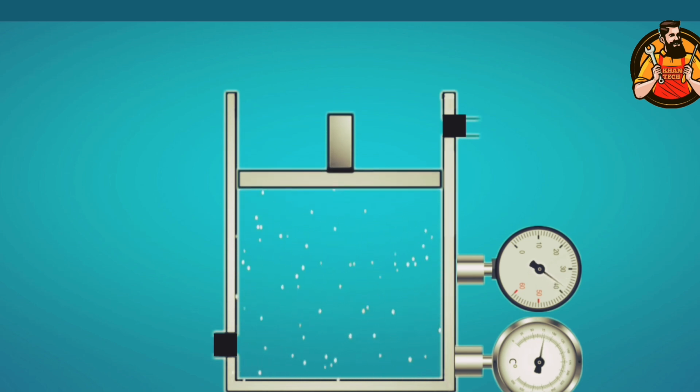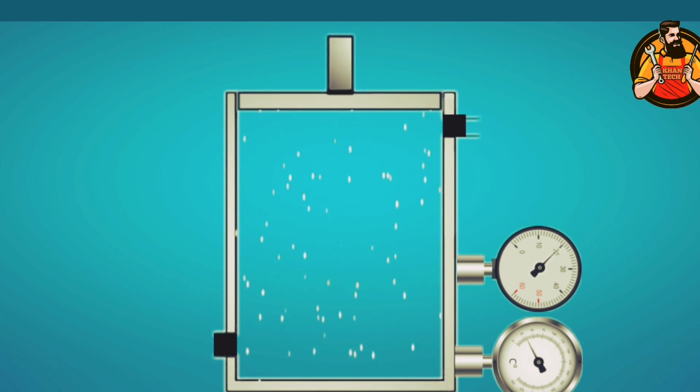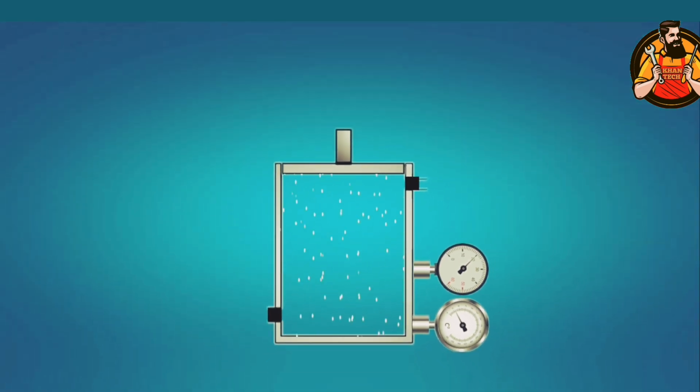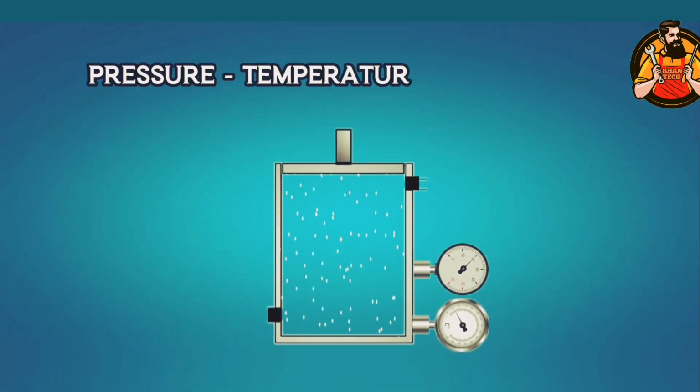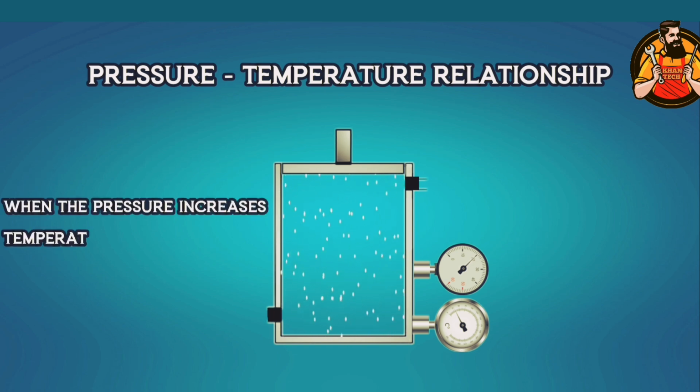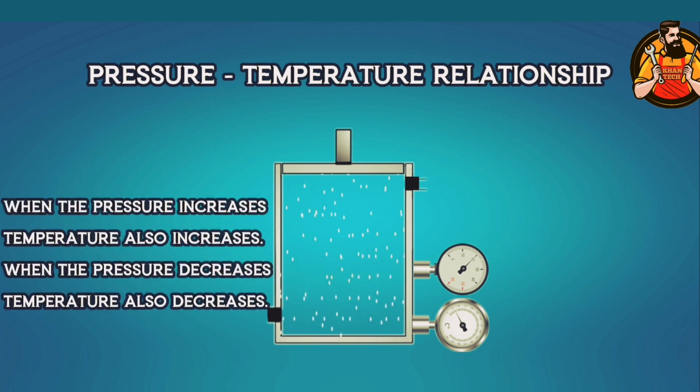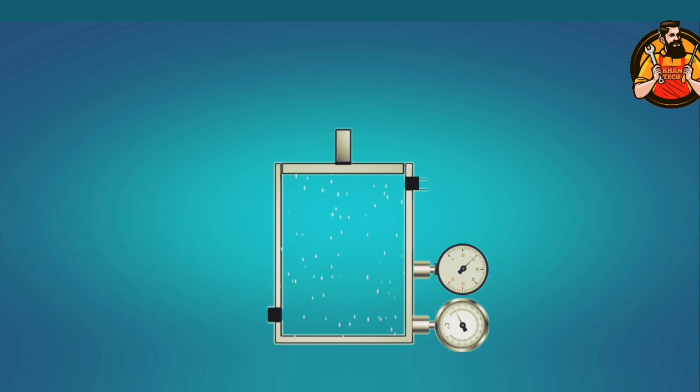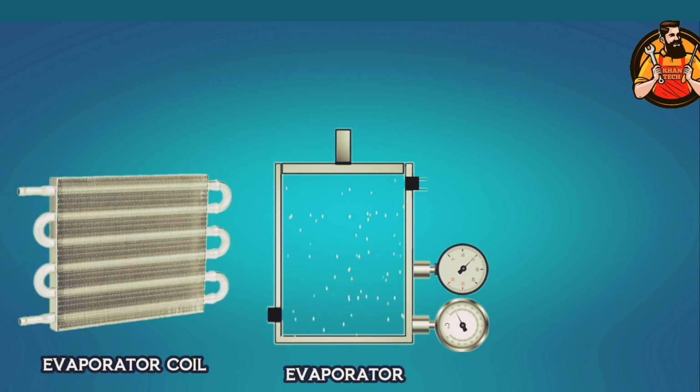When reducing the pressure, the temperature of the air will decrease. This is the pressure-temperature relationship, which means that when the pressure increases, the temperature increases, and when the pressure decreases, the temperature decreases.